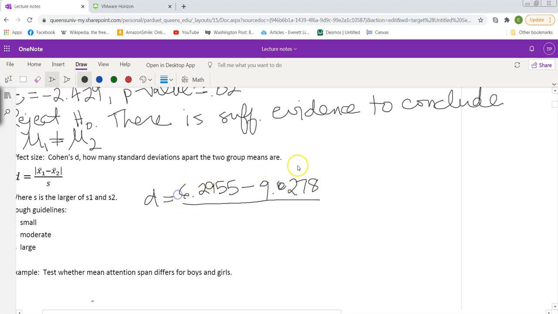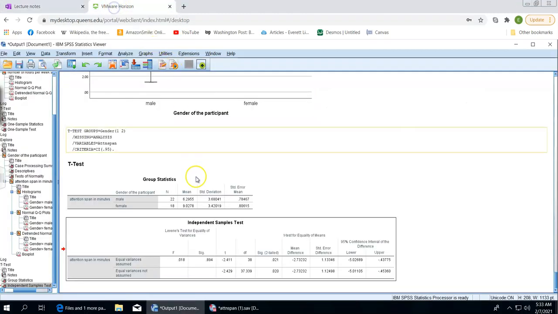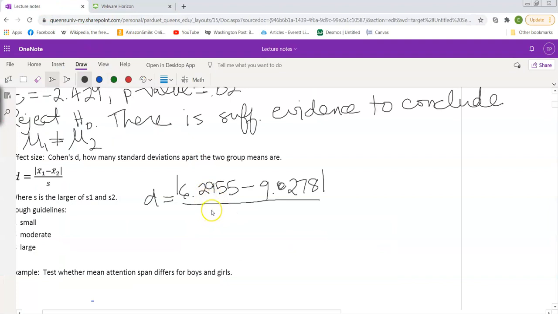And we're going to take the absolute value and we're going to divide it by the larger of the two standard deviations. The larger one is 3.6804. You don't have to write 4 decimal places. If you want to write just 3, as long as you round it correctly, that's fine.